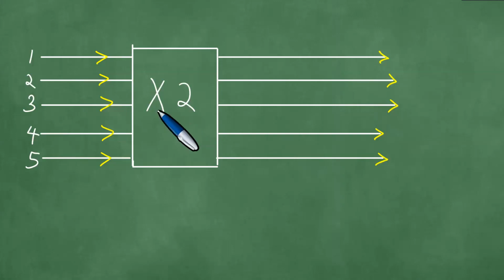Now we're looking at multiplication by 2. So multiplication by 2 would be, what is 1 times 2, Mpile? 1 times 2. What do you think 1 times 2 is, Mpile?